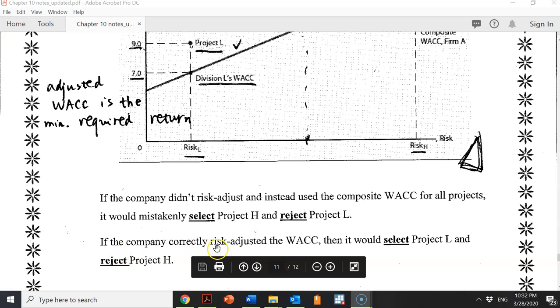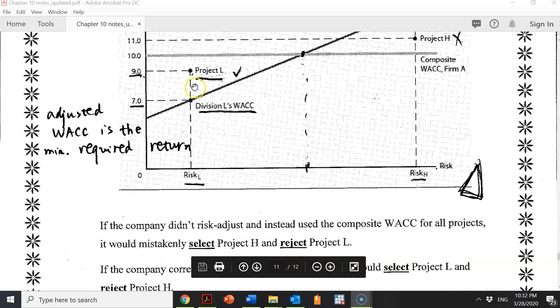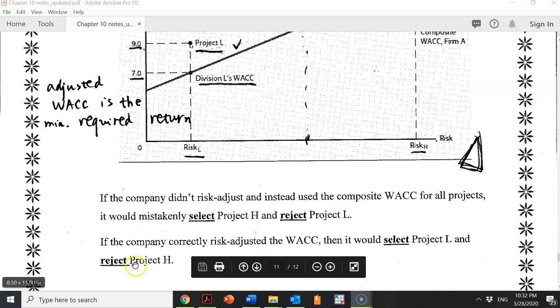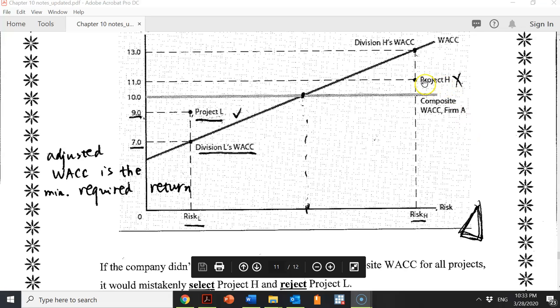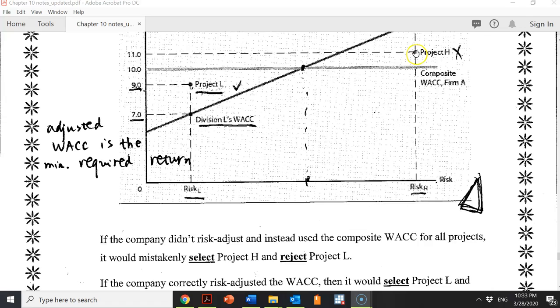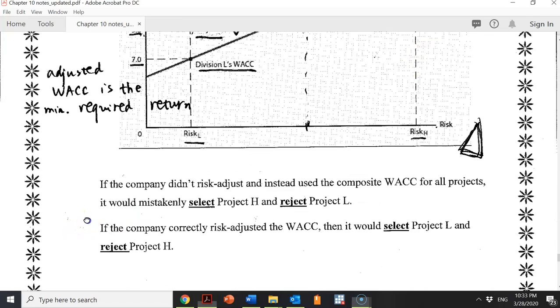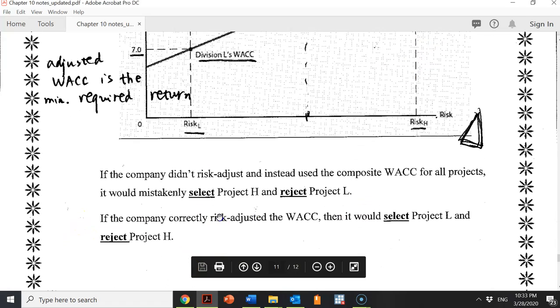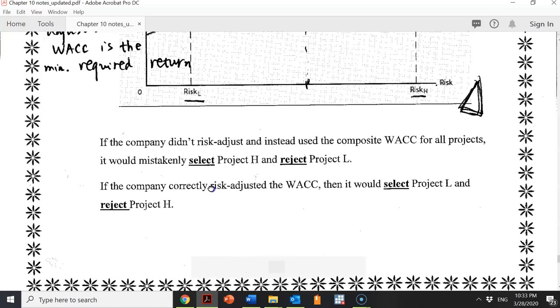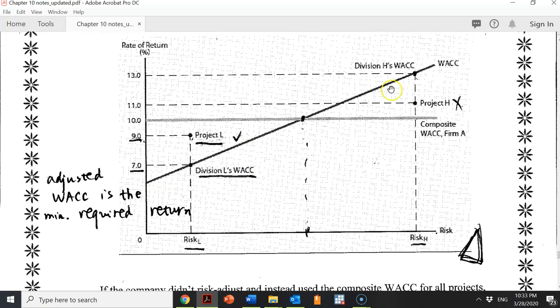However, if the company correctly risk adjusted the WACC, then it would select project L because it's higher than the adjusted WACC, and reject project H because it's lower than the adjusted WACC. So of course, we should do what is stated in the second graph here, which is a better, wiser, right decision. We should always use the risk-adjusted WACC line to make decisions.